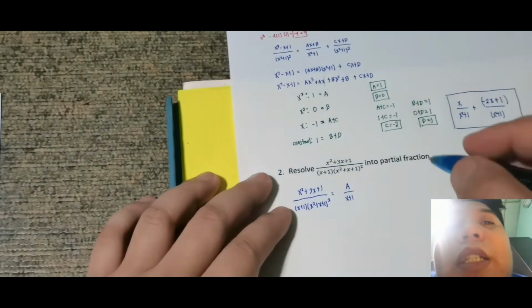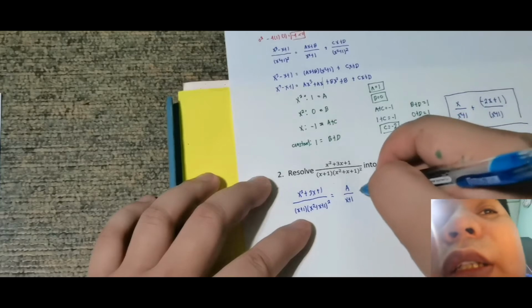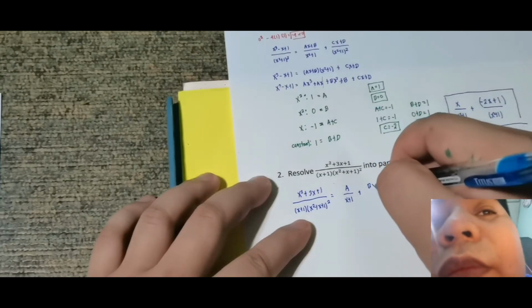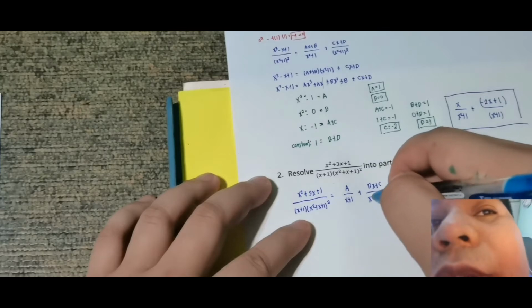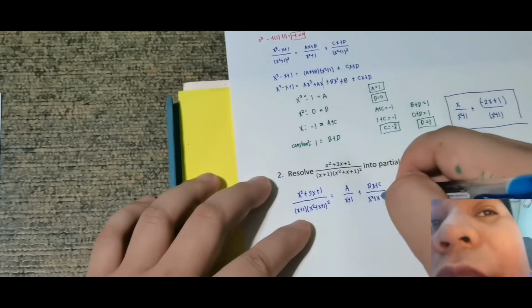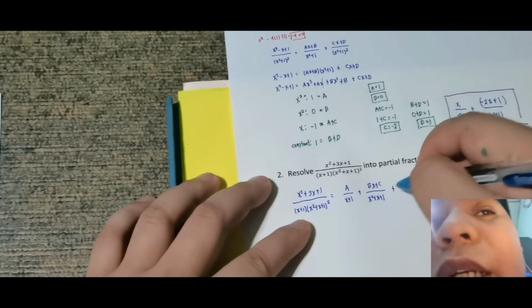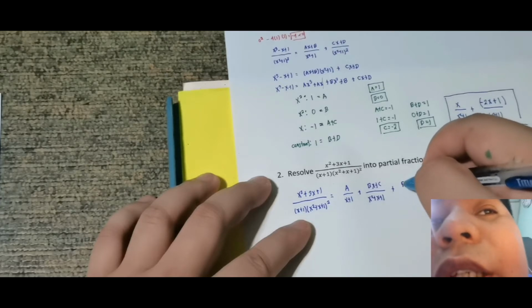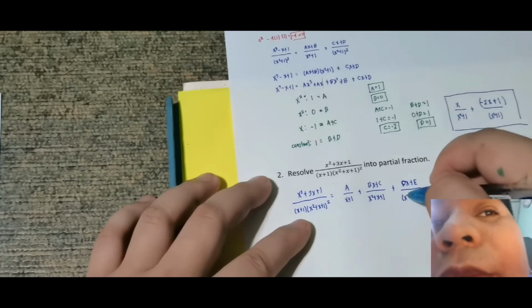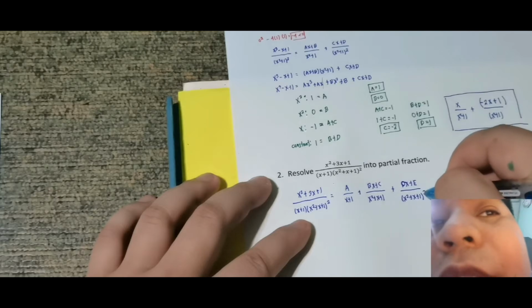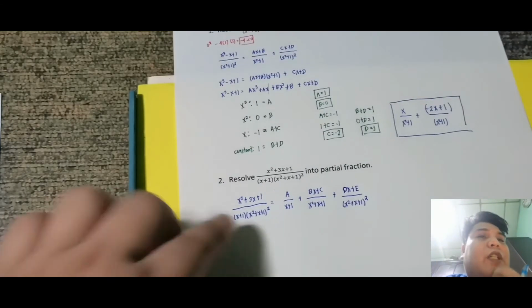Since x squared plus x plus 1 is quadratic, this is bx plus c all over x squared plus x plus 1, plus dx plus e over x squared plus x plus 1 squared. So, obviously, this is the denominator.